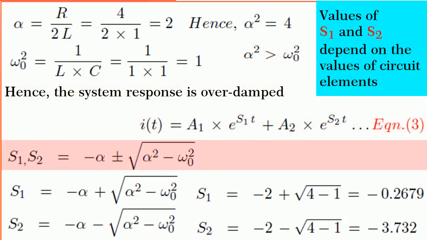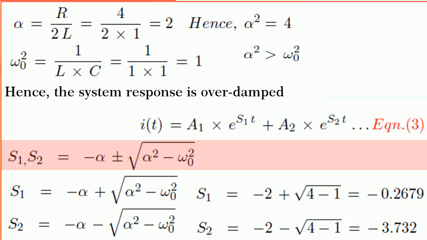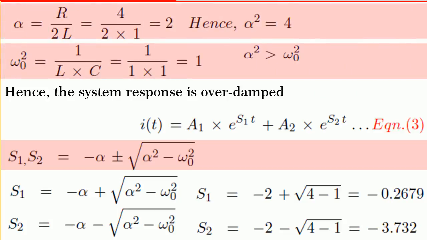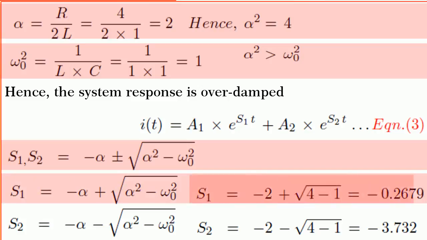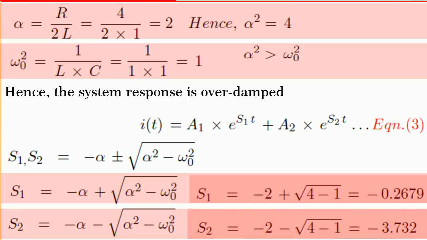We know that s1 and s2 depend on the values of the circuit elements. Hence, by substituting and solving, we get s1 equal to minus 0.2679 and s2 equal to minus 3.732. We shall use these later.